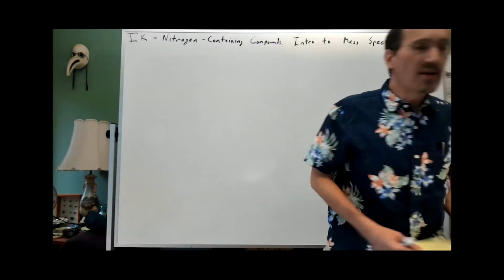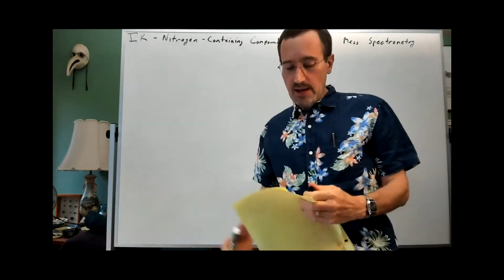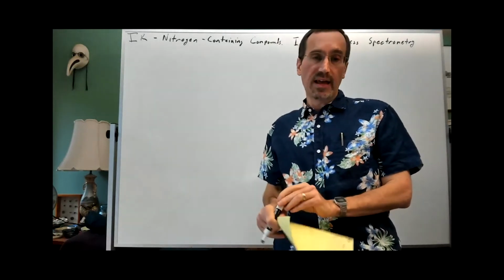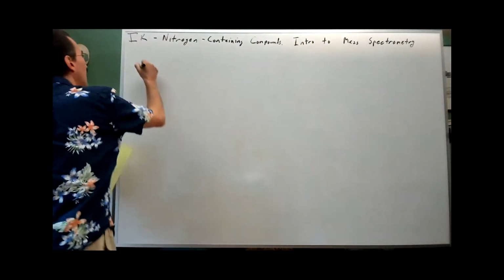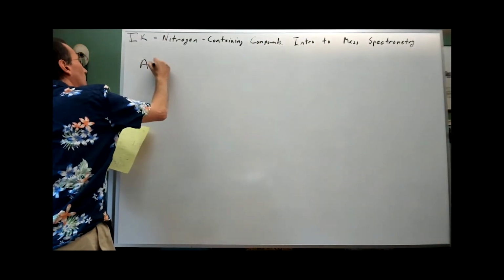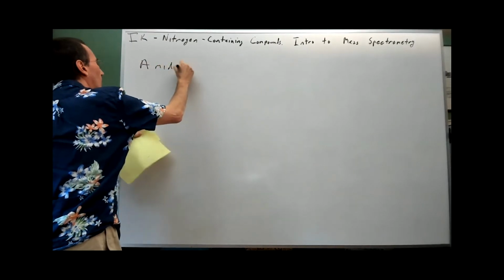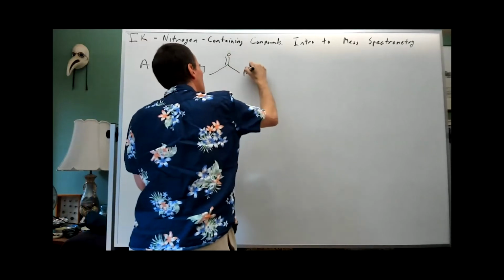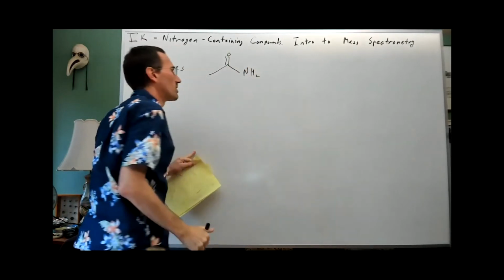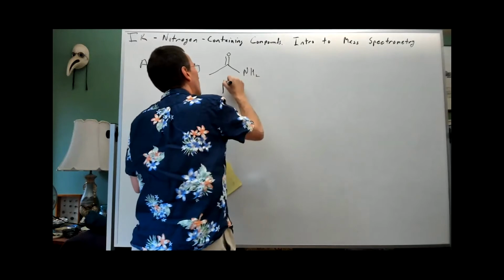So I had talked about carbonyl compounds, and I want to pick up with the last one in the category we talked about, and specifically amides. And so talking about NH2 over here, in other words, a primary amide.